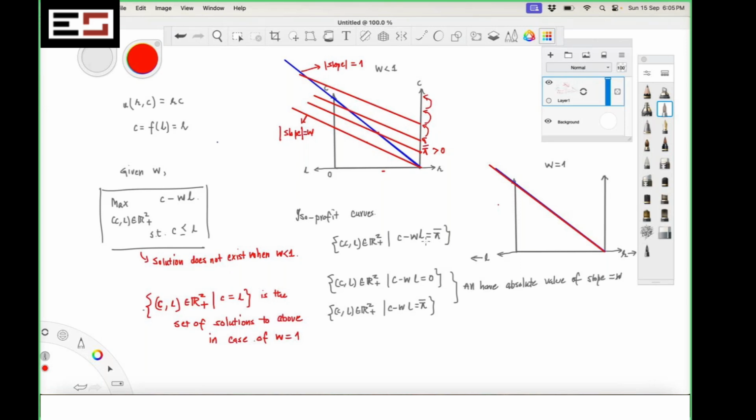And what about if W is less than 1? Sorry, what about if W is greater than 1? And notice that the optimal profit will be 0 in this case. Optimal profit is 0.